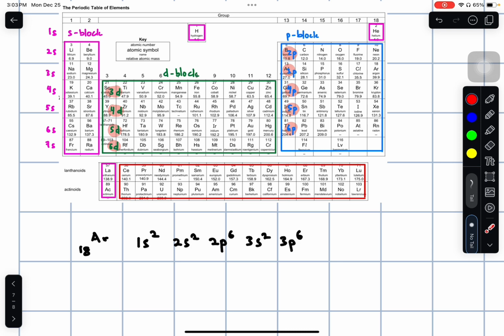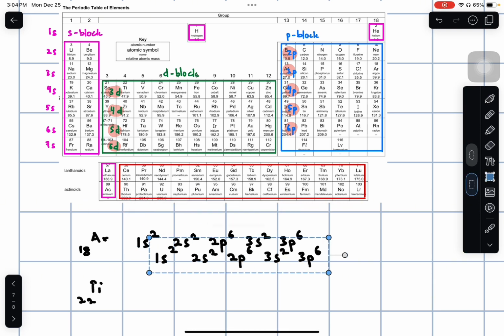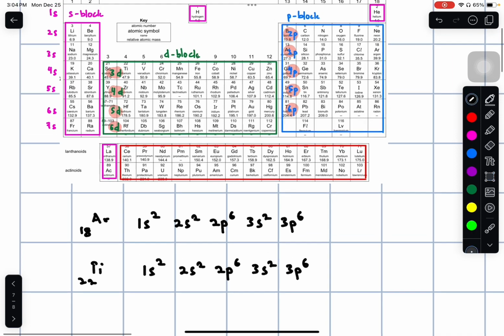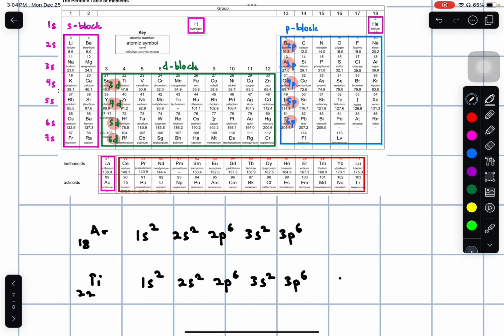If we were going to write, let's say, the electron configuration of titanium, which has 22 electrons. So until here, we know that there's going to be 18 electrons. So after that, we're only left with 4s2 and 3d2.